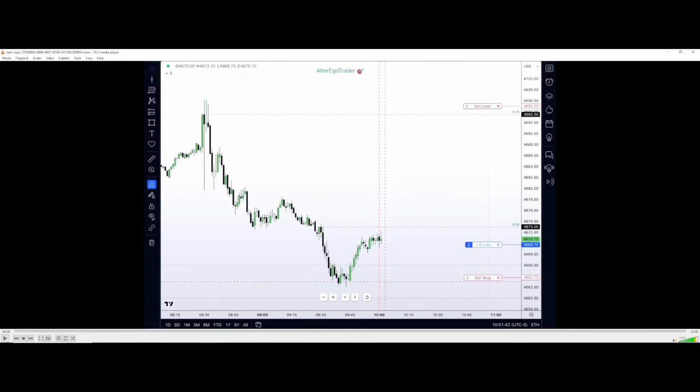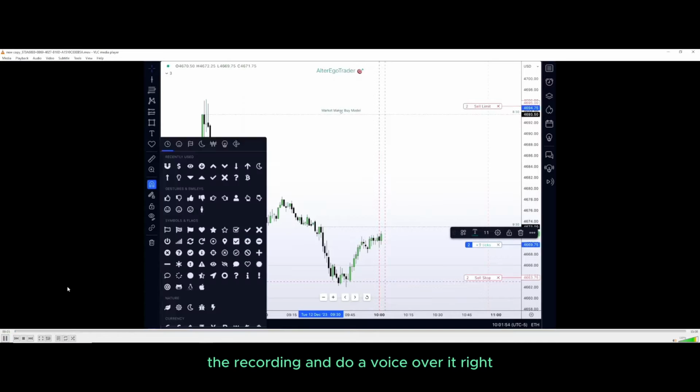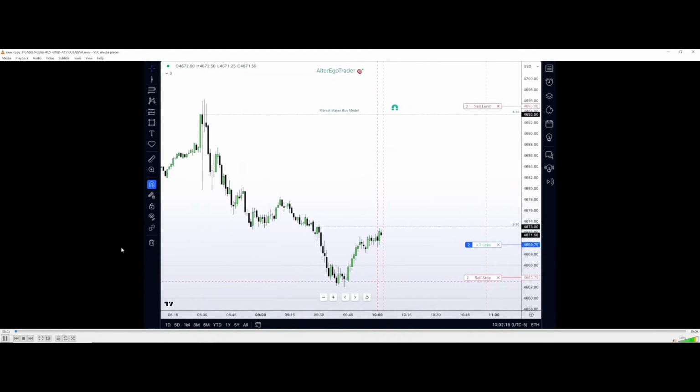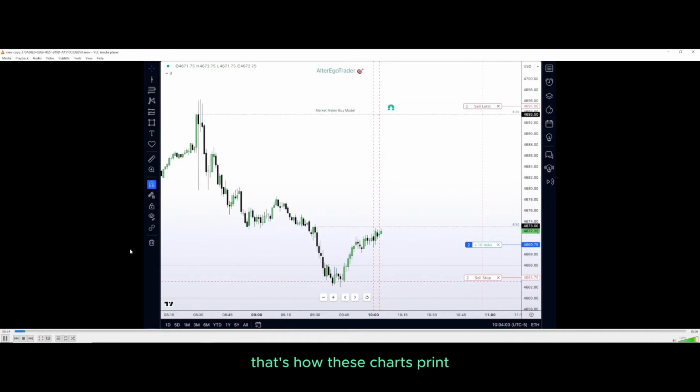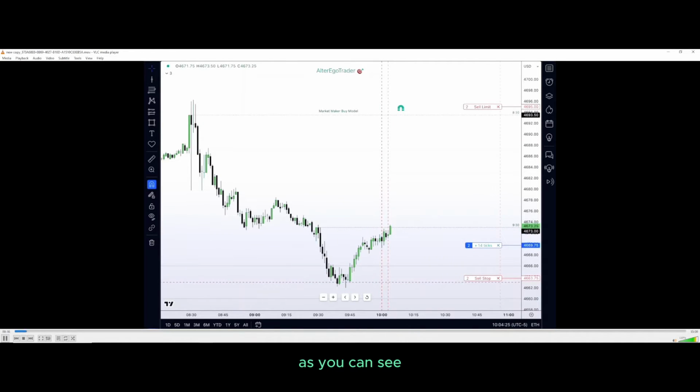All right, so I'm going to play the recording and do a voice over it, right? The algorithm that books price and delivers price runs on specific macros that consist of time and price. That's how these charts print, as you can see.